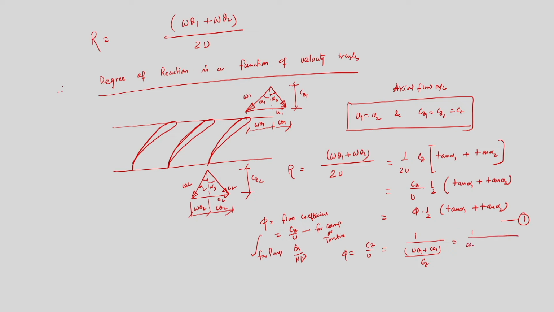Therefore phi is equal to 1 by (W theta 1 by Cz plus C theta 1 by Cz), Cz or Cz1, same thing. This is essentially 1 by (tan alpha 1 plus tan alpha naught). I am writing this as equation 2.